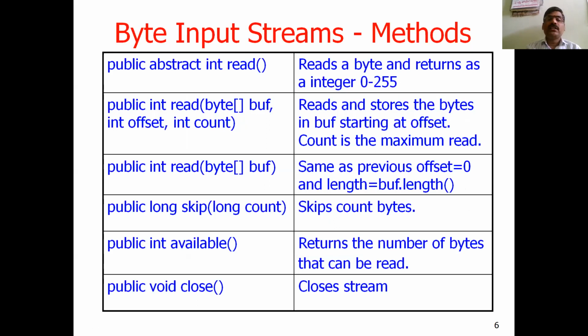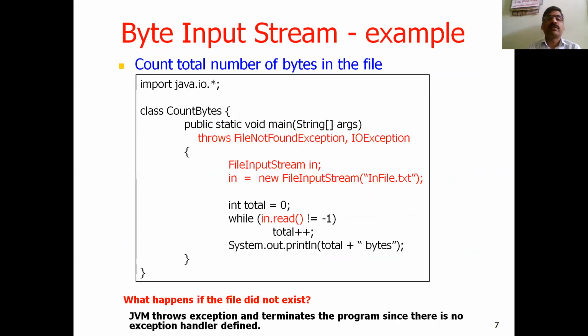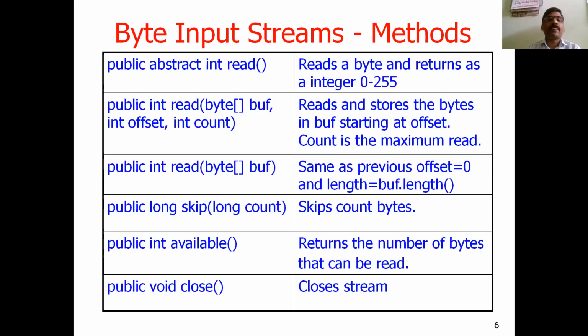And in the byte input stream classes, these are the methods which are available for performing the read operation. Input stream classes are used for performing the read operation. So we have the read method, with 3 different versions.